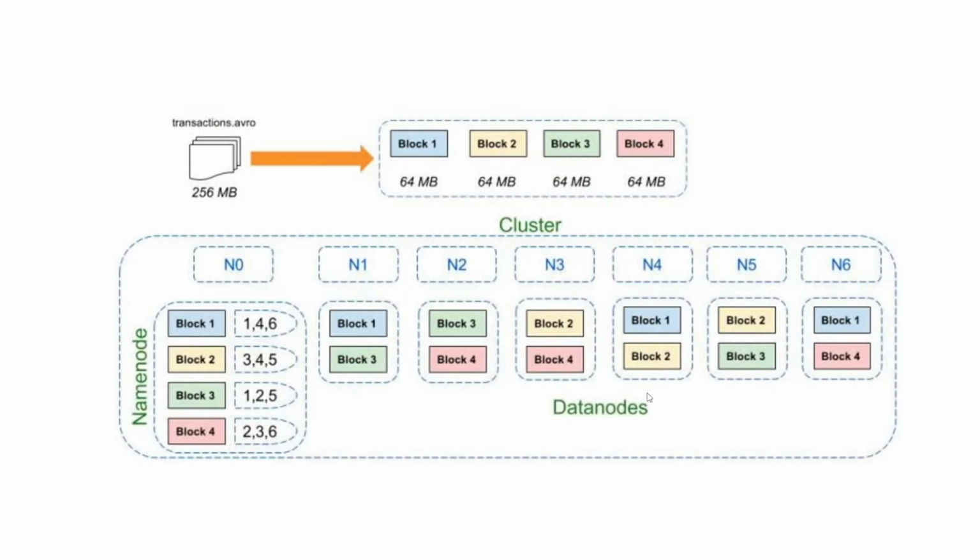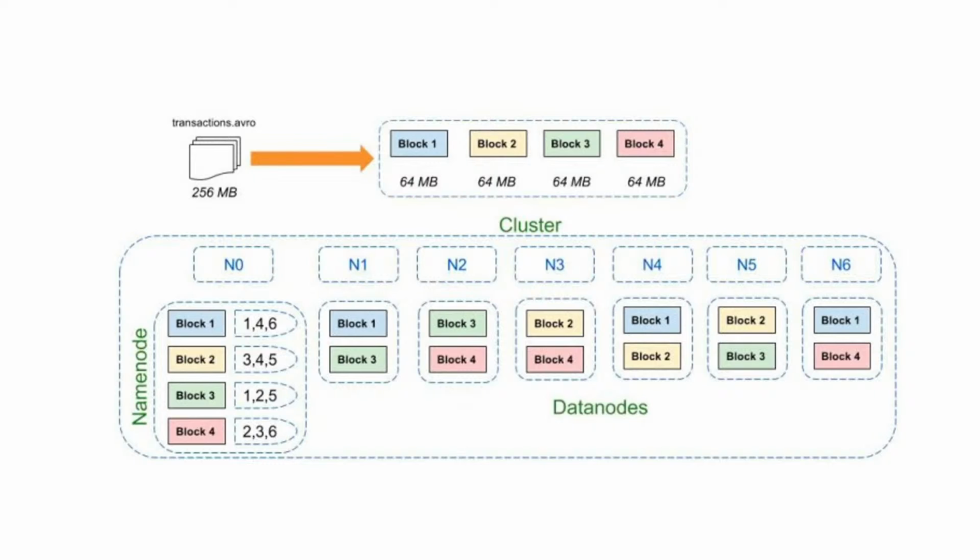So let's take a little bit of an example. Say somebody puts in a file called transactions.avro. It's a 256 MB file, and this cluster has a block size of 64 MB. Because we have a block size of 64 MB, we split the 256 MB file into 4 blocks: block 1, block 2, block 3, and block 4.